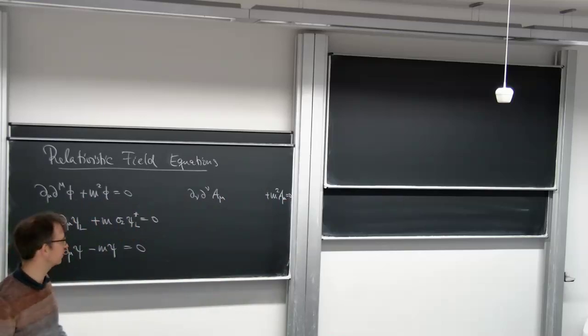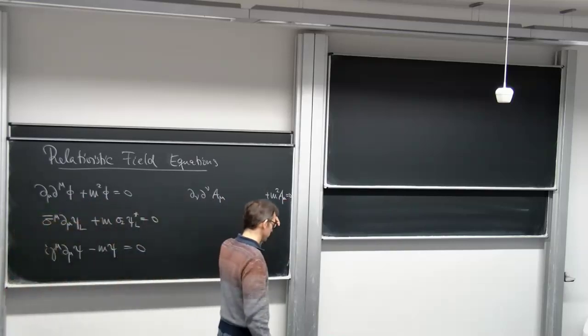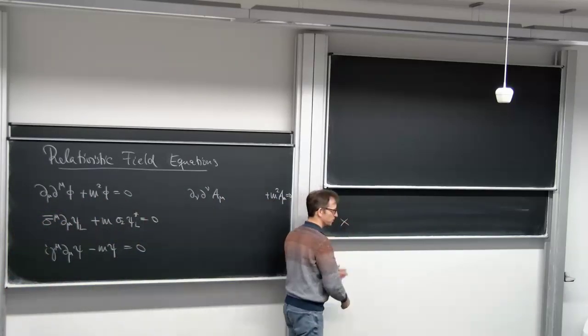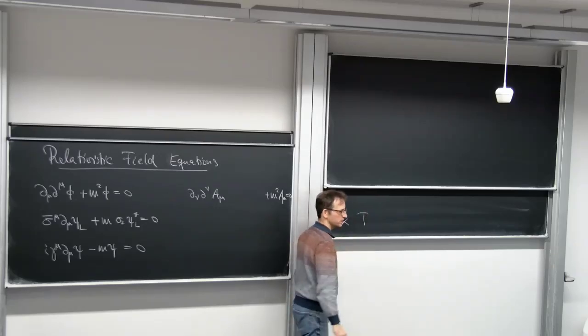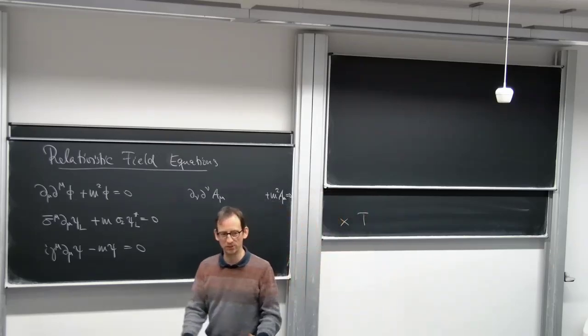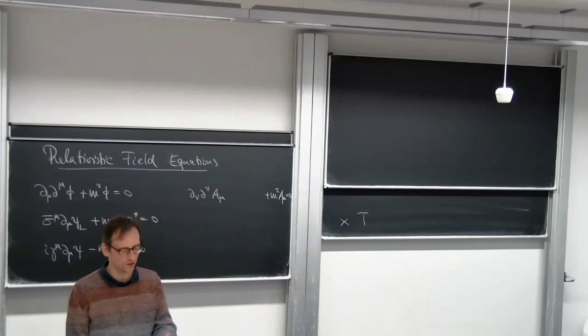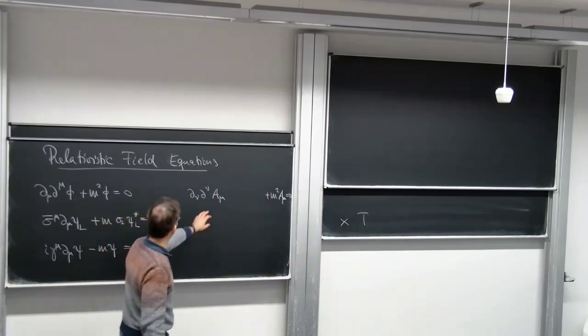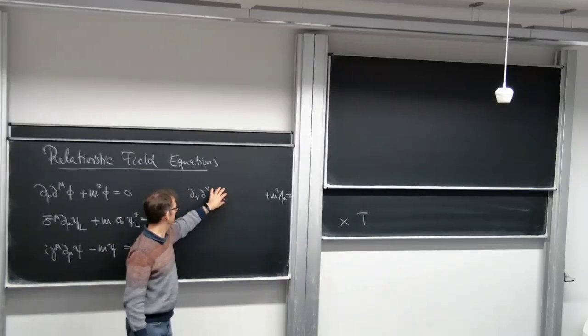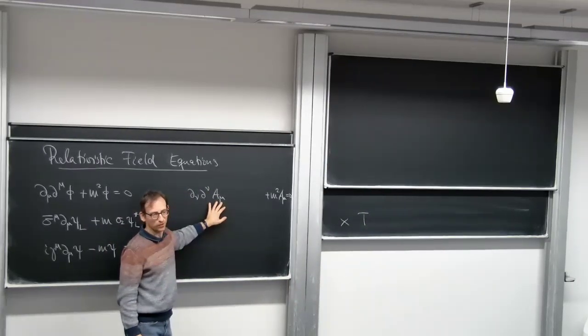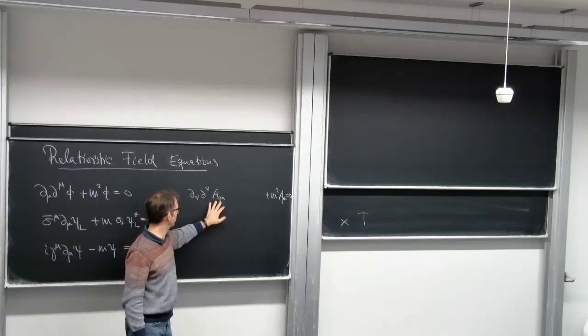You can call everything, you know, just because I call something x, it doesn't have to be position. Just because I call it t, it doesn't have to be temperature. It depends on where it appears. You can call everything A mu. This is the canonical letter for a vector field. Really, it is the canonical letter for a gauge field, but we don't know what this is yet.